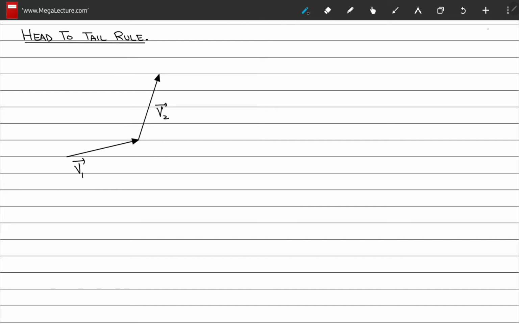And then if I were to draw a vector, let's call it vr, as a resultant vector, from the tail of your vector v1 to the head of your vector v2, then your vr is just the sum of your vectors v1 and v2.